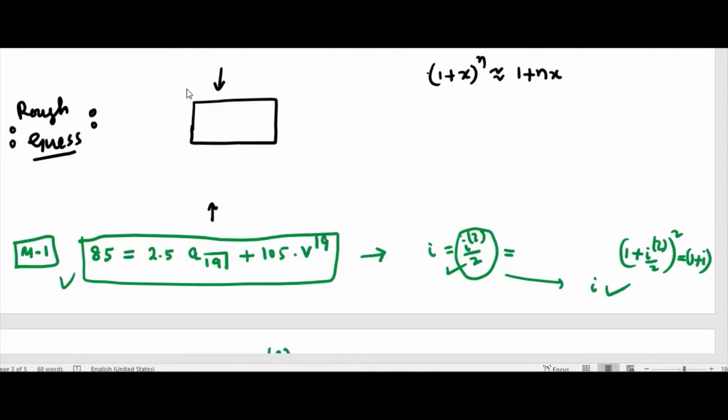If you are interested in the other methods, you can go through my slides I must have sent you, or that must be there in one of my videos. You can watch those. In most of the cases, you can use this one. Here a19 will be 1 minus v19 divided by i.